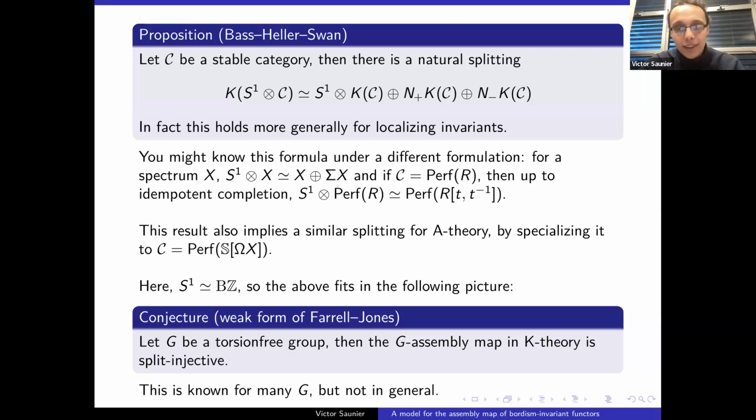The one I want to explain, because it doesn't need you to modify what I've explained before, is that you pick a torsion-free group, and then the conjecture states that the G-assembly map in K-theory is split injective. So this is what we see in the above picture, right? This splitting that I explained really is natural, it comes from the assembly map. And it's not an equivalence in general, precisely because those two extra terms have appeared.